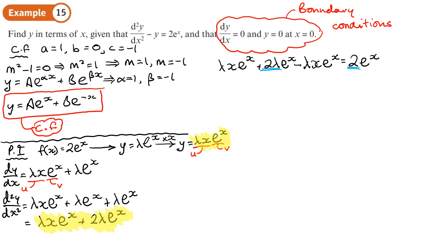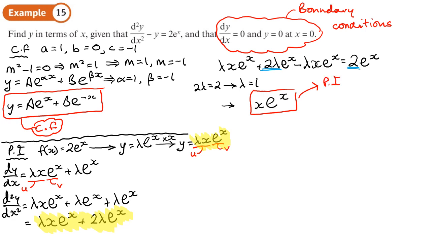I will have 2 lambda equals 2, which means that lambda equals 1. So my particular integral, when I replace lambda with 1, is going to be x e to the x.